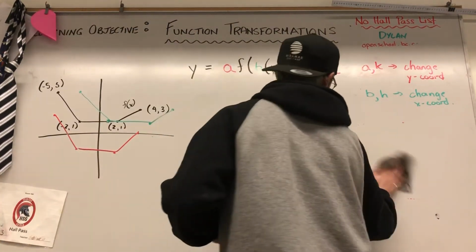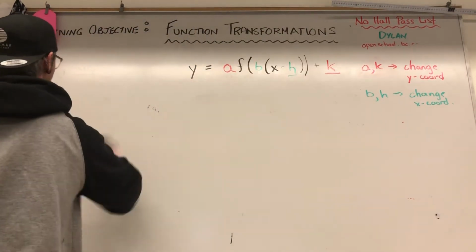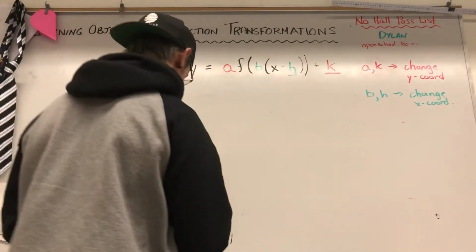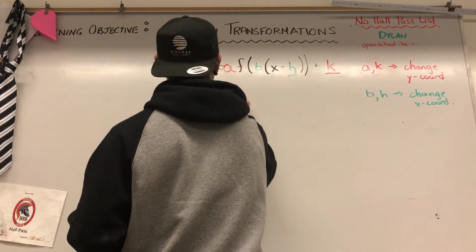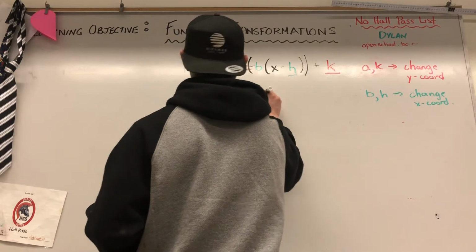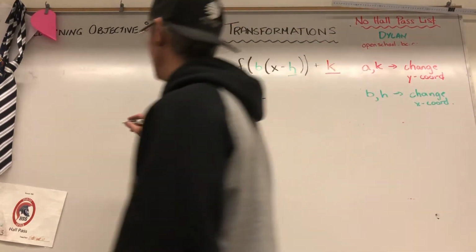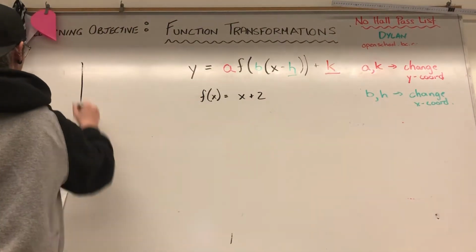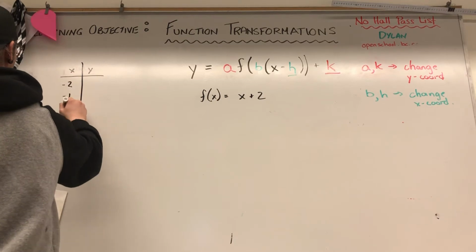And maybe we will play with a linear equation this time. So let's say that I have f of x is equal to x plus 2. Okay? It's a linear equation, and I'm going to make a table of values for it. X, y, and I'm just going to choose random. -2, -1, 0, 1, 2.